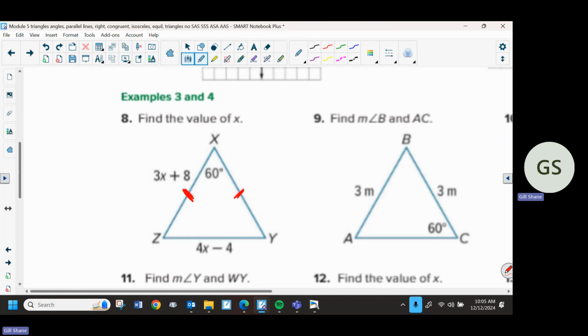60 is about an angle. So if I didn't say this in this class, write this down. You never put information about a side and information about an angle in the same equation. Never. They're two totally separate things. You will never do math with numbers about a side and numbers about an angle in the same equation.